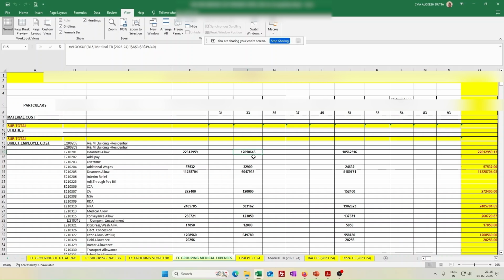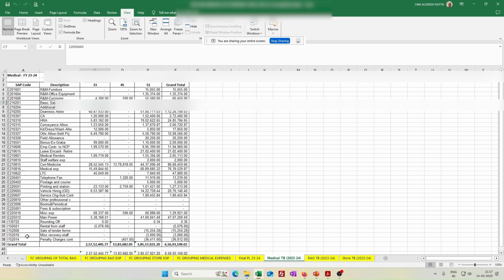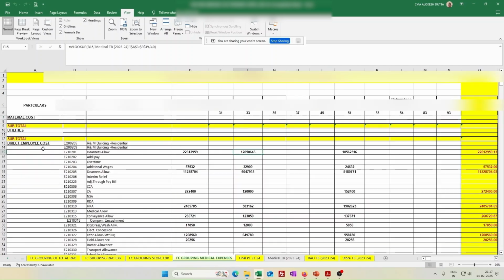If you put the VLOOKUP command, selecting the sheet, this is the sheet, the trial balance of the medical department, and this is the FC grouping of the medical department, average cost statement.